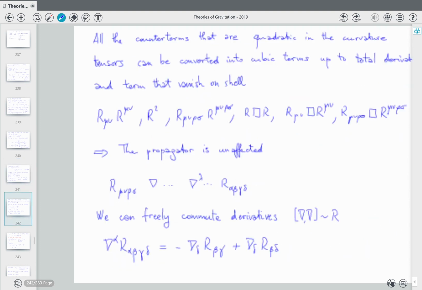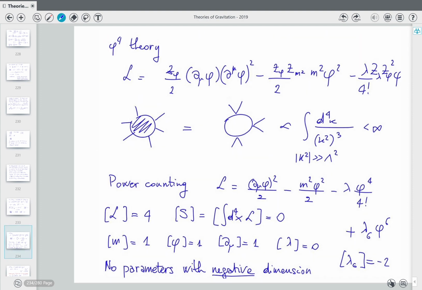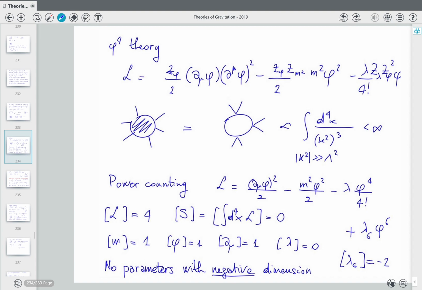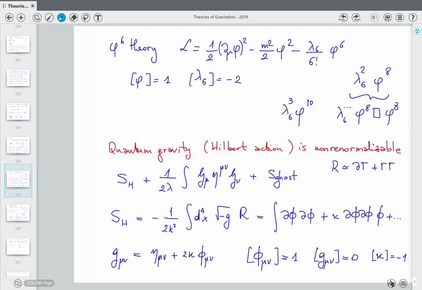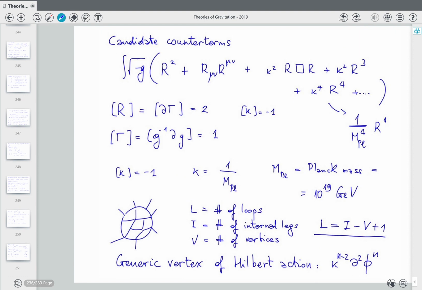We did not make any comment about the invariance of other actions. For example, what about the matter sector?